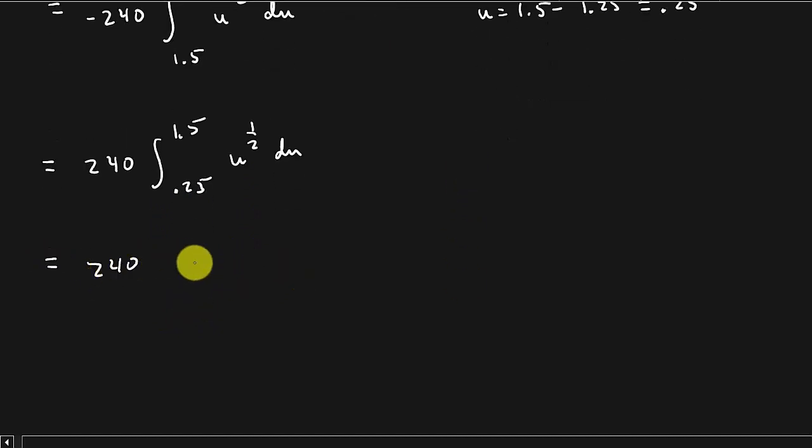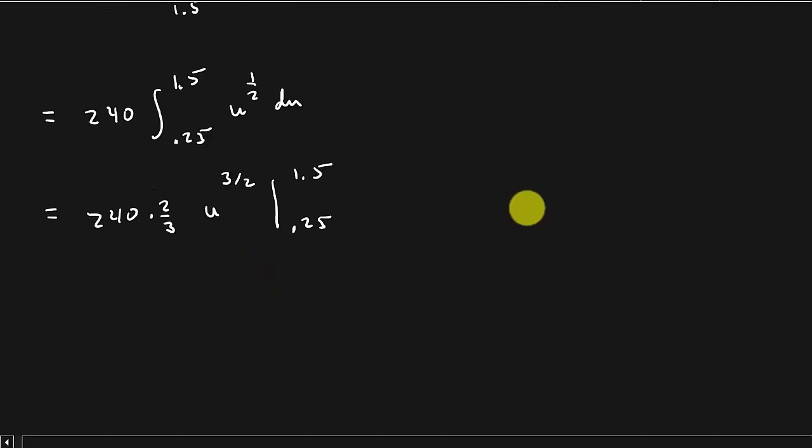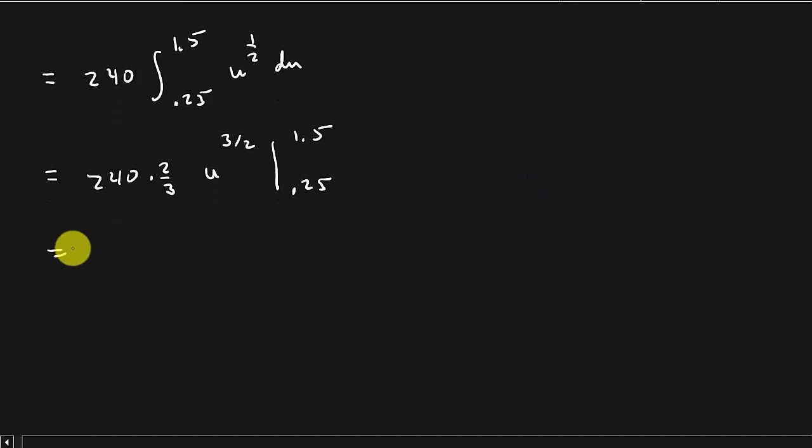And so this is 240, and that's going to be u to the 3/2, add 1 to the exponent, multiply by the reciprocal of the new exponent, from 0.25 to 1.5. And so I believe that's going to reduce. So I think this is going to be 160, and that's u to the 3 halves from 0.25 to 1.5.